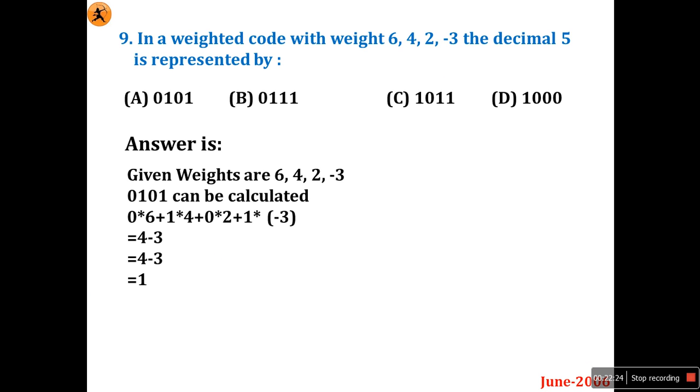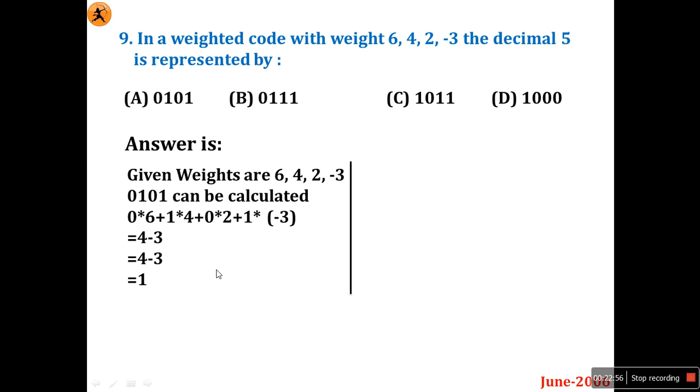The given weights are 6, 4, 2, -3. Take the first option, 0101, and calculate: 0 into 6, just multiply the binary digit with the weight, 1 into 4, 0 into 2, 1 into -3. Then you will get 4 minus 3 is 1, but the decimal 5 is required, so this answer is not correct.